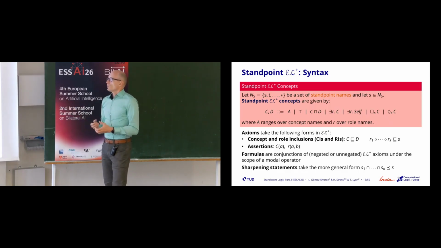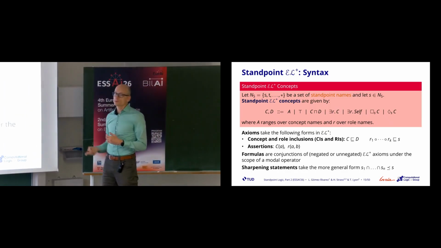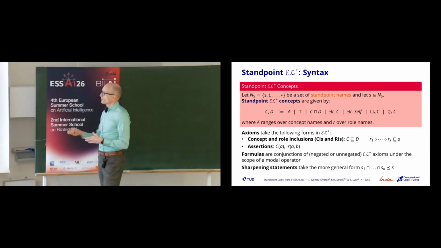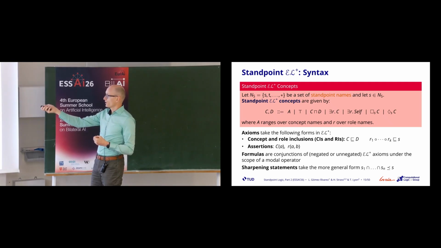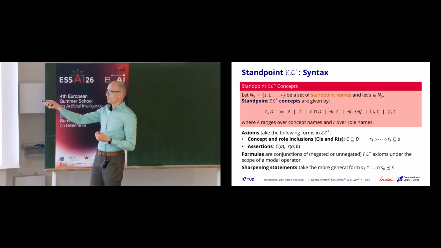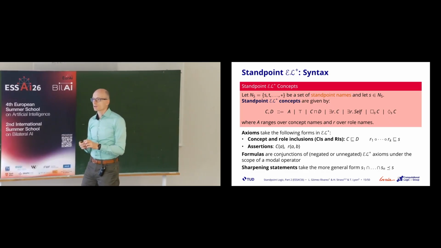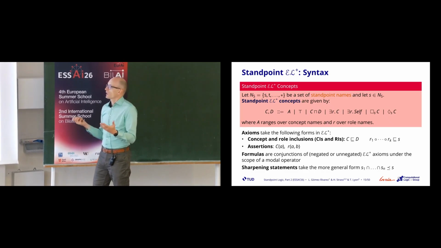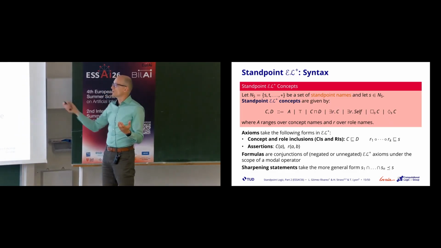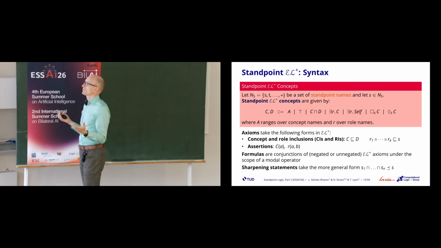Then we additionally have this Self concept. That's a special construct, essentially saying that an individual satisfying this has an R relation with itself. This is meant to express reflexive arcs in your model, which can sometimes be useful and which we could add for free in terms of complexity. So we just added it.